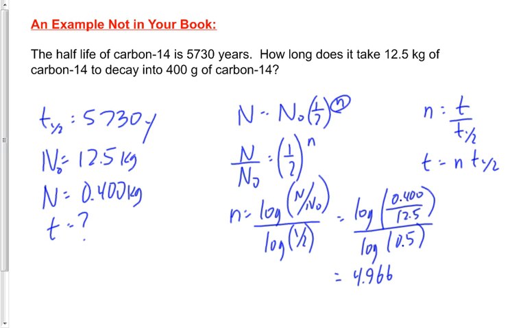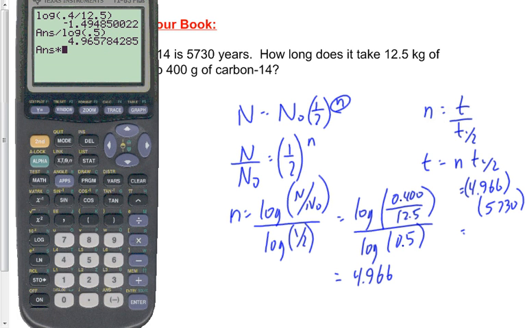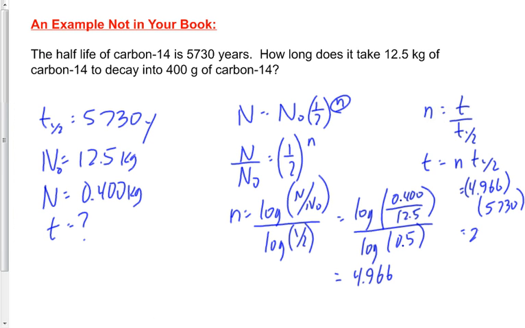That's the number of half-lives, which I can take and plug into here. Multiply it by the half-life, 5,730 years, and we end up with a total time of 28,454, or 2.85 times 10 to the 4 years.